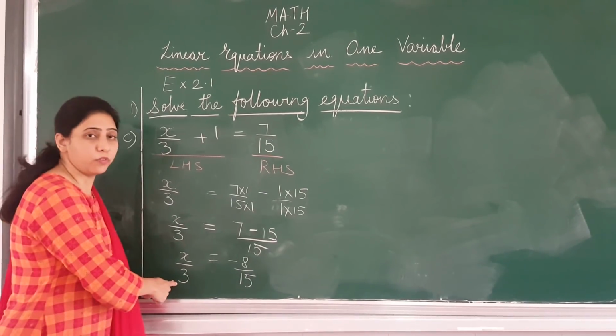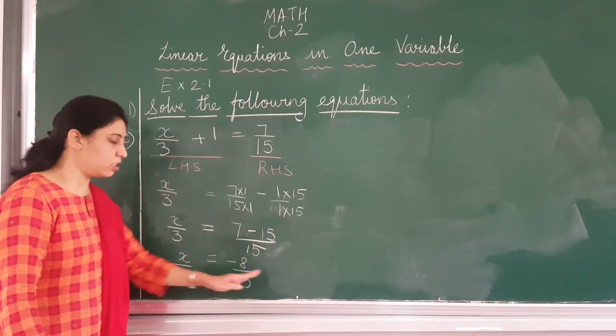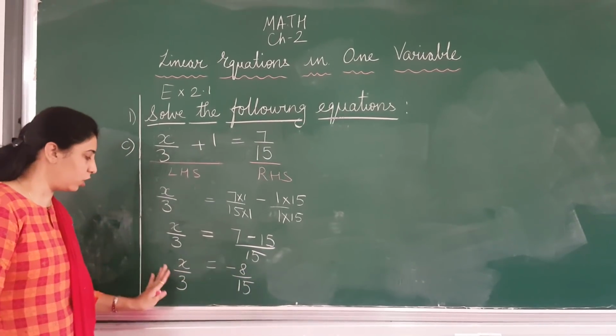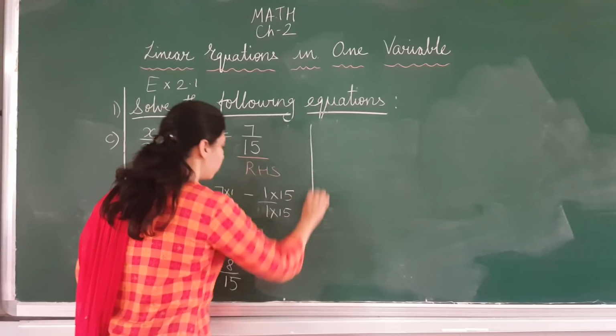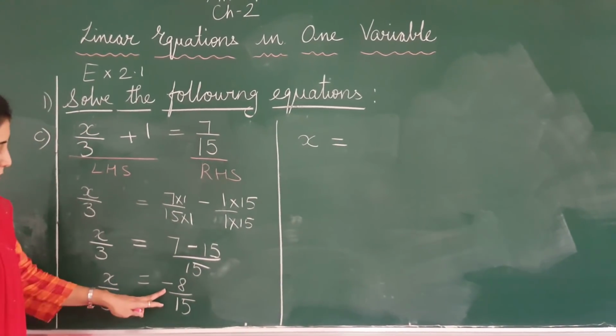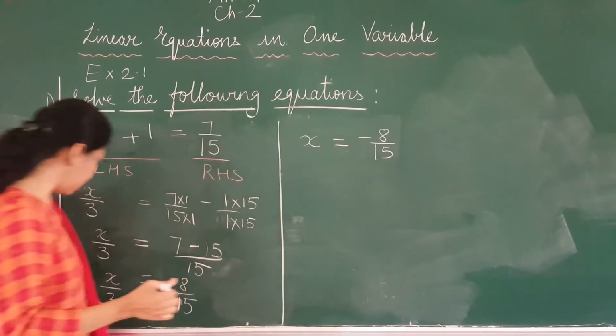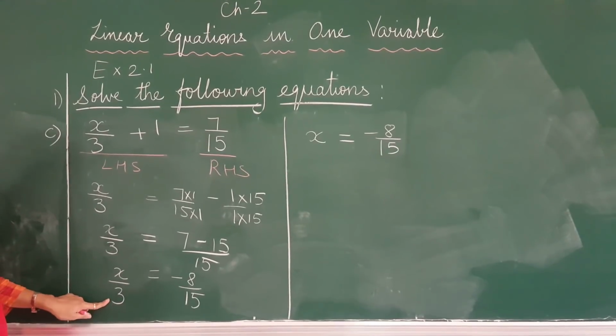Now we don't want 3 over here, so we are going to shift 3 to the right hand side. When you change the side, you change the sign. We want only x on the left hand side. So keep x as it is and minus 8 upon 15 as it is. And what is there on your left hand side? It is divided by 3.